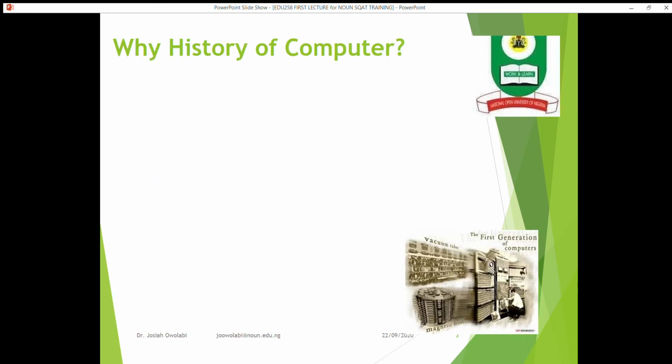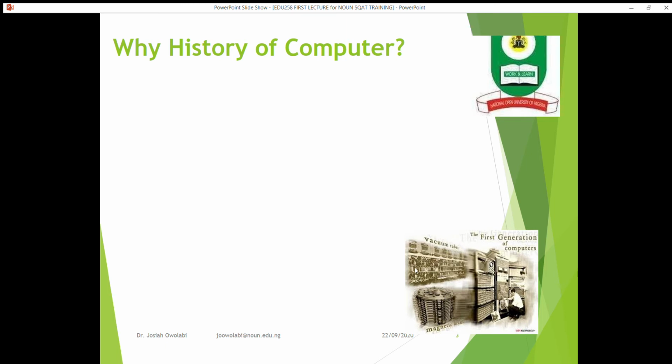The first issue is, why history of computer? As computer science students, are we history students? Why are we burdening ourselves studying the history of computer? Yes, it's worth it. By the way, look at the first generation computer. Look at this. Very big, very big. Two of you cannot carry this computer.